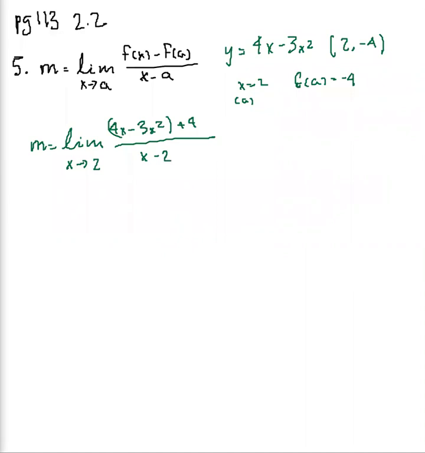Okay, so this is going to be the limit as x approaches 2. Let's rearrange this a little bit. So we have negative 3x squared plus 4x plus 4 over x minus 2.